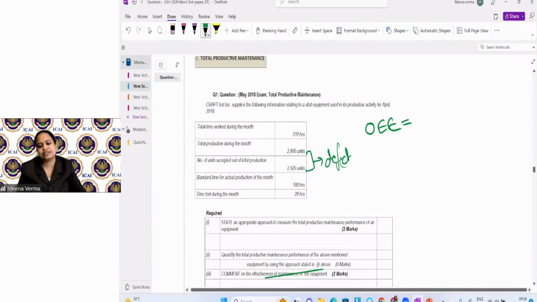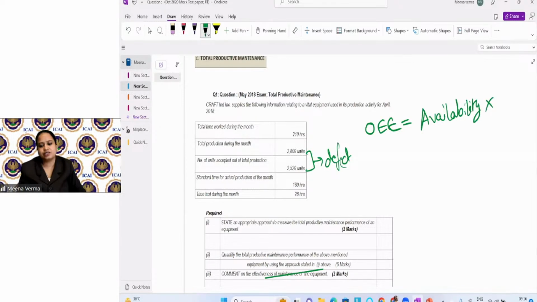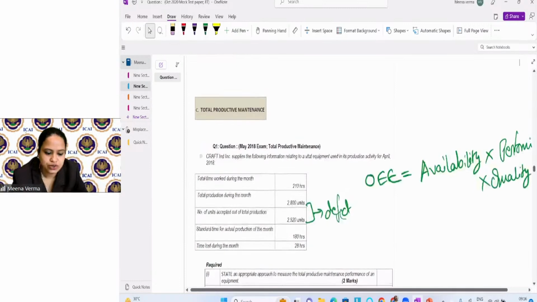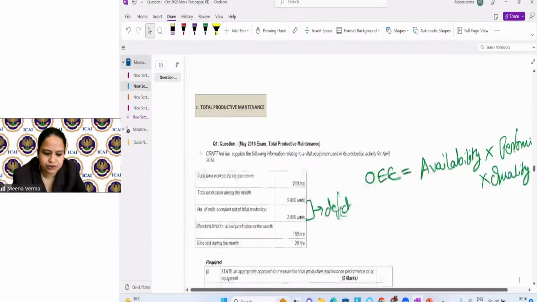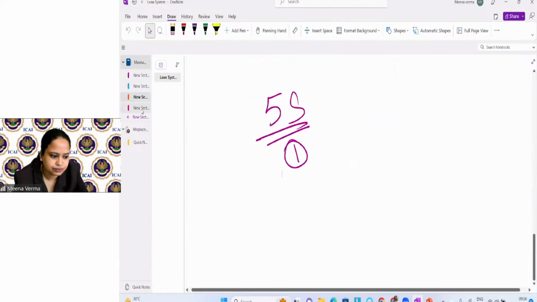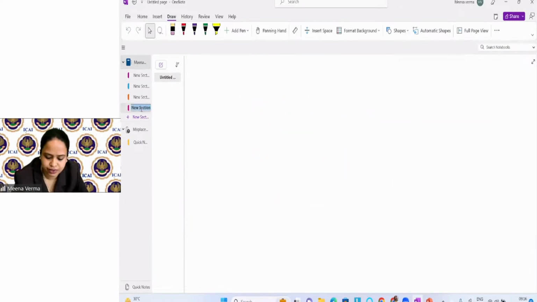So OEE is related to availability. It is related to performance, and it is related to quality, right? So now you have to check how you can solve it, right? Okay, so we have just done some formulas. Give me 1 minute.